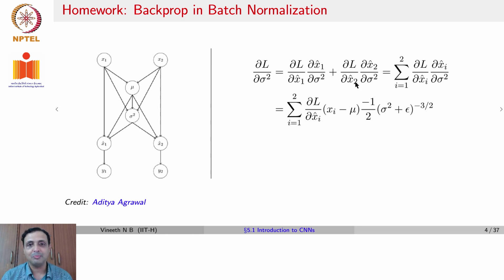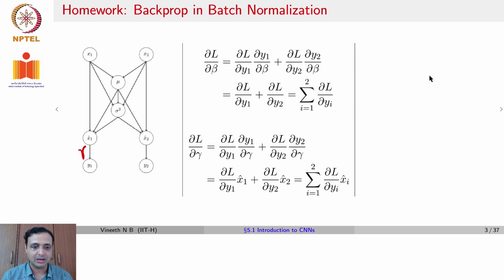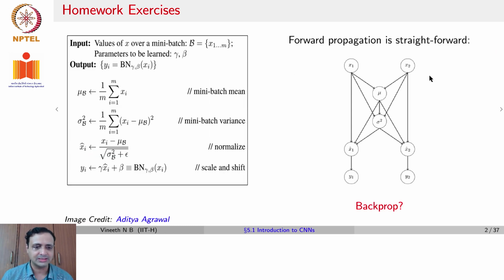So you have ∂L/∂x2hat into ∂x2hat/∂σ², and it's written as a summation. The main term that we need to evaluate here is ∂xi hat/∂σ², which is found by the gradient of the form of xi hat itself. Let's go back a couple of slides and see what that is.